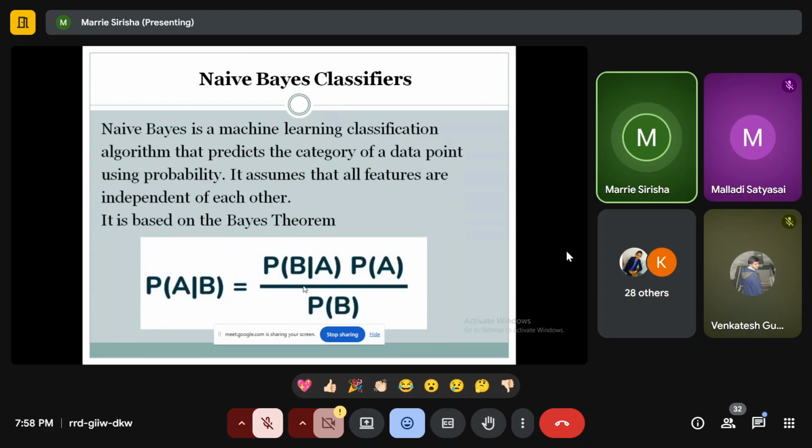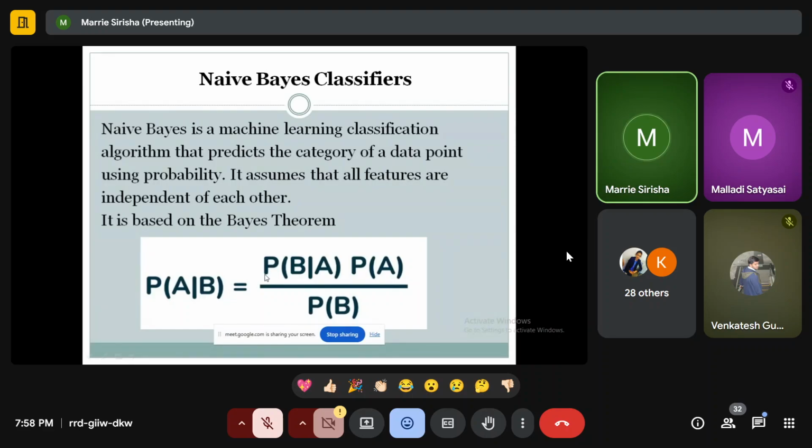So what is naive Bayes classifier? It is a machine learning classification that predicts which class category a particular data point belongs to by using probability. For that, you need Bayes theorem. Probability of A by B. You should not read it as A by B, it is happening of A given B, but I'm reading it this way for your understanding.